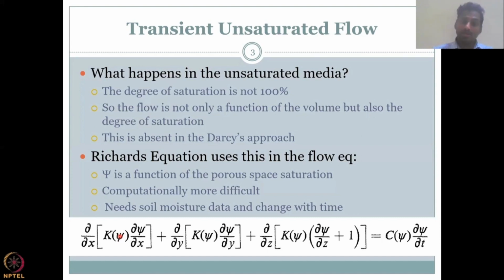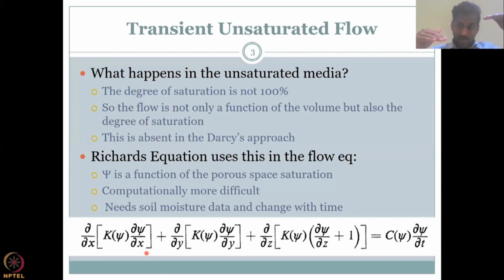How psi varies with X, you need to know, and also how psi varies with time, which means there's a lot of data. In the Darcy's equation, there's only one variation, which is the hydraulic head. How the hydraulic head between A and B varies with time is all you need to understand the flow.